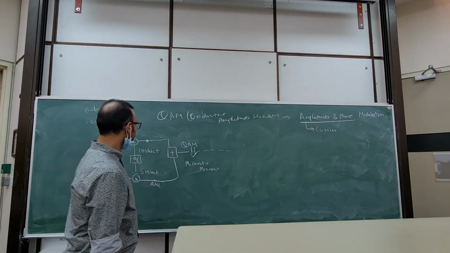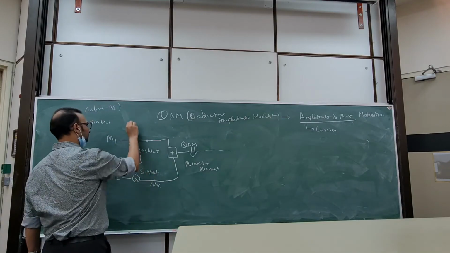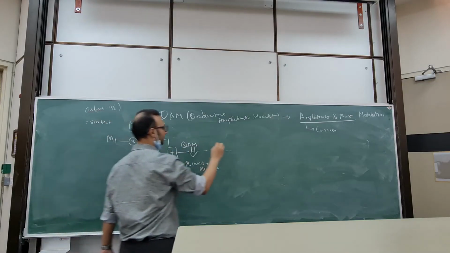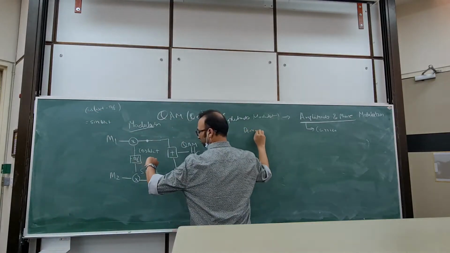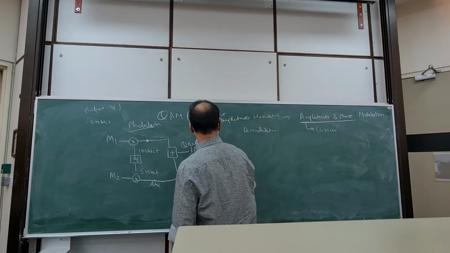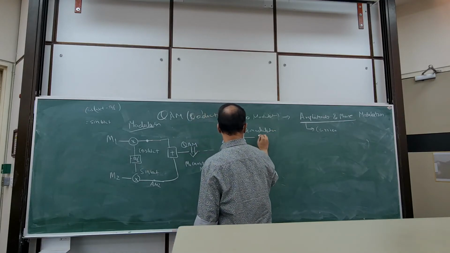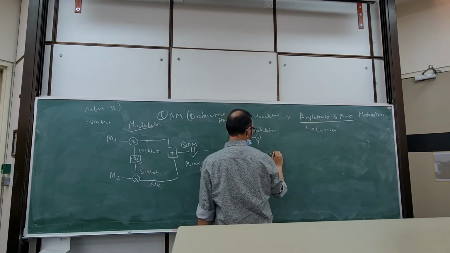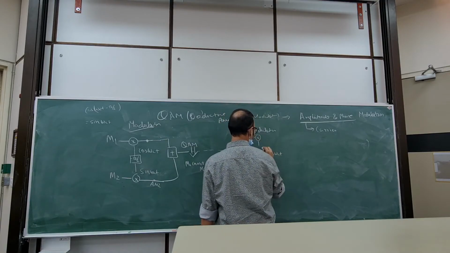Now this is the modulator, and this is the demodulator side. How will you demodulate an AM signal? You multiply by the same carrier, cosine omega ct.